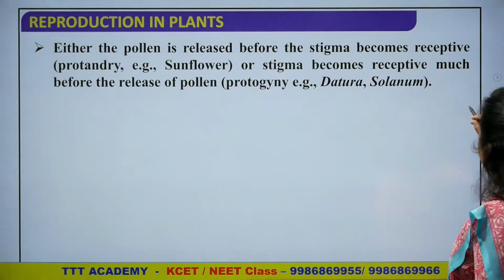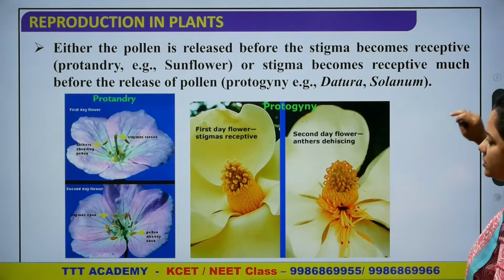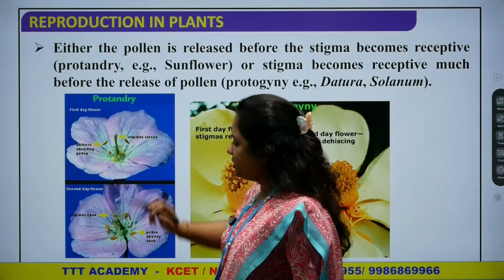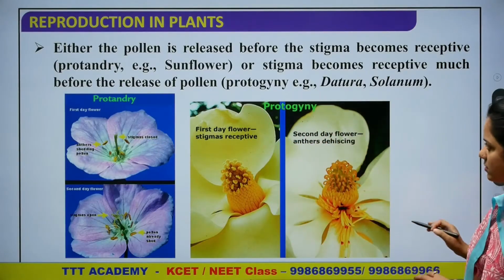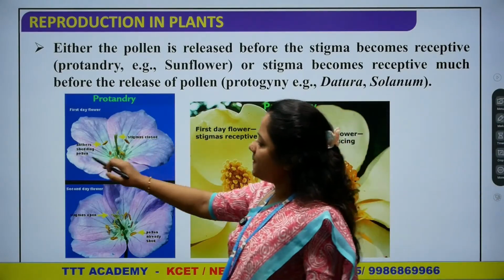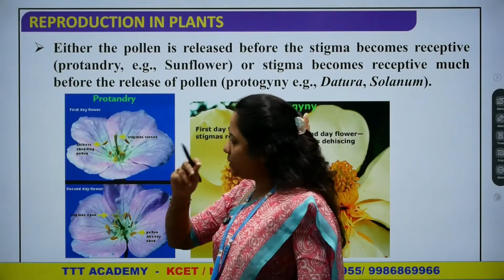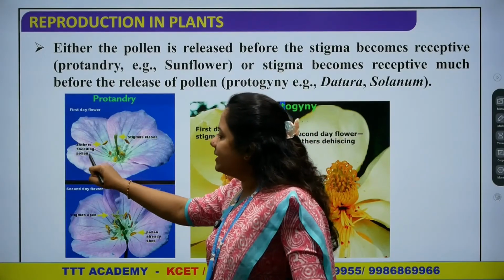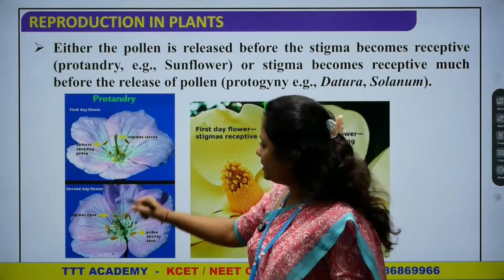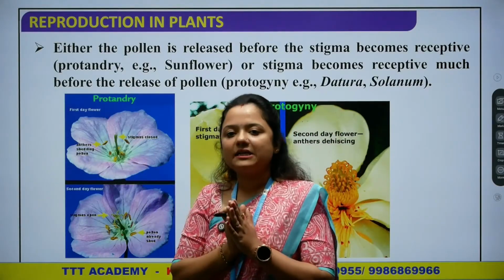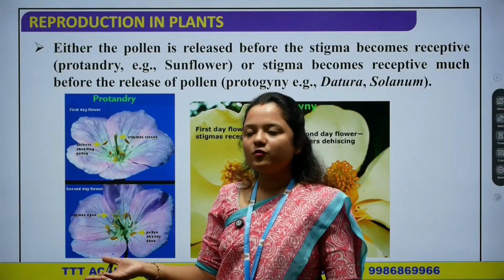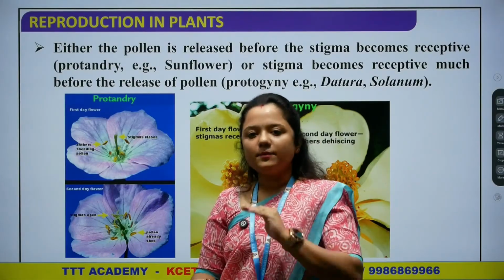That is all. Fine. Then see here, you can see the protandry condition and the protogyny condition. In protandry, the androecium is ready now. The anthers are already shedding pollen grains, but you can see here the stigma is closed. The stigma is not giving that platform for the pollen grains to go and sit above it.